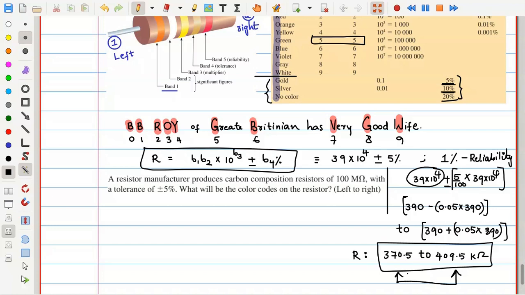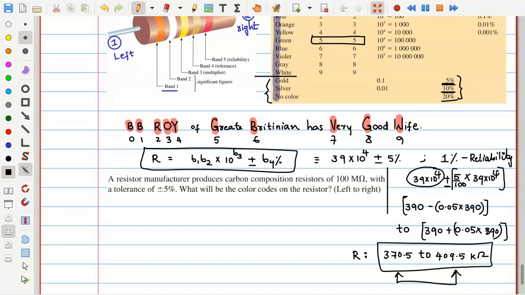That is the meaning of tolerance. Tolerance means the resistance may deviate from 390 kilo ohm, down to 370 and up to 409. But usually we refer to this as 390 kilo ohm. Is this clear?